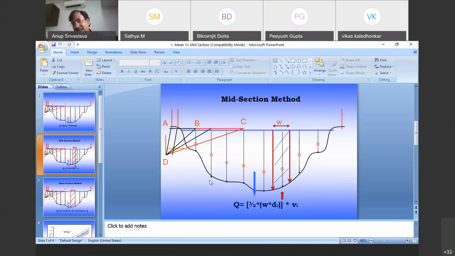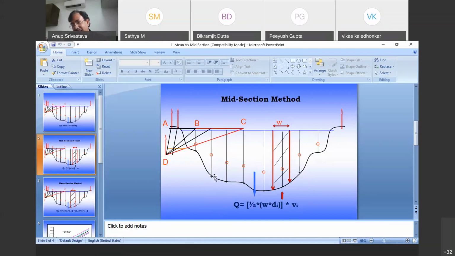Again, here in the cross section, you are seeing that the profile moves like this. But in the real world, how the river profile behaves between these two verticals, nobody knows. In this diagram, it is very simple, joining like this. But in the real world, it may be zigzag.